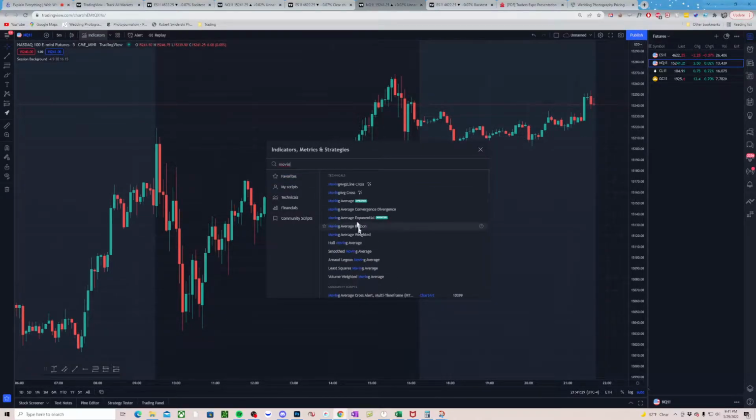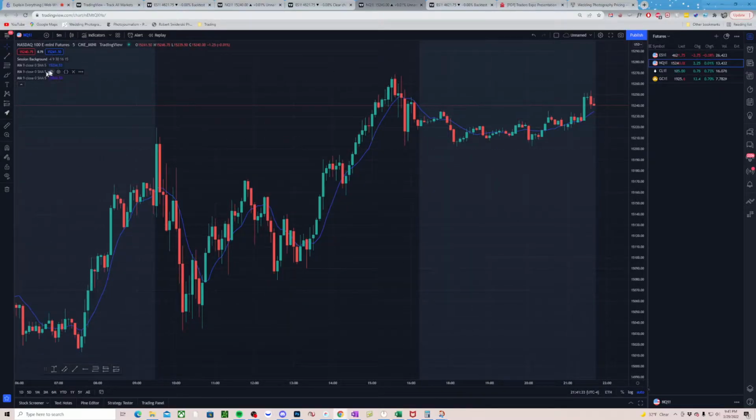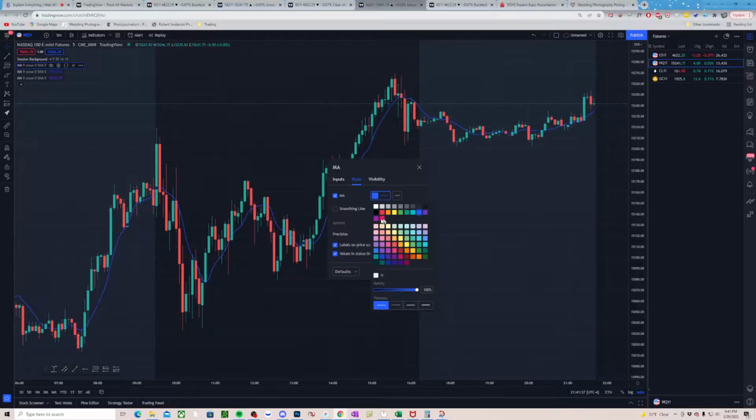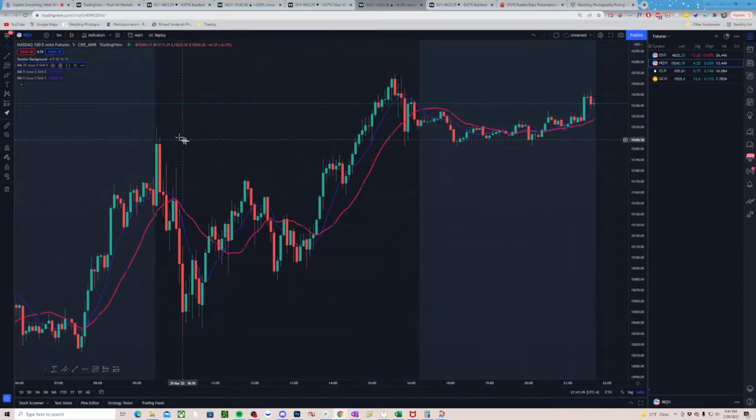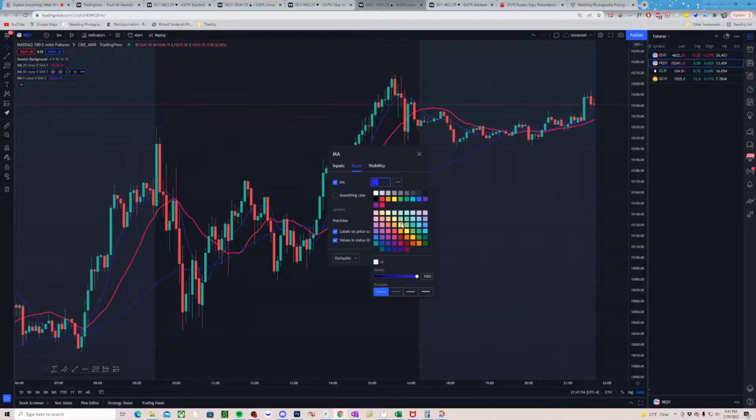Moving average, let's put 3. Okay, we put 3 in, and let's make this red. Let's make it thick, and let's also give it a length of 20. And then let's make this one yellow. Let's give it 60. Make it yellow.